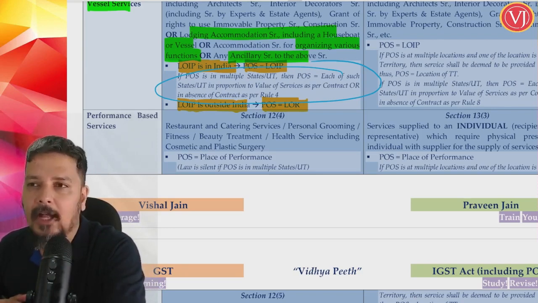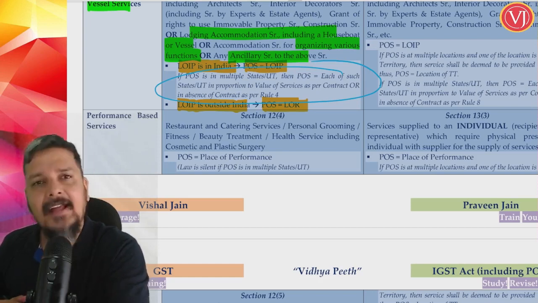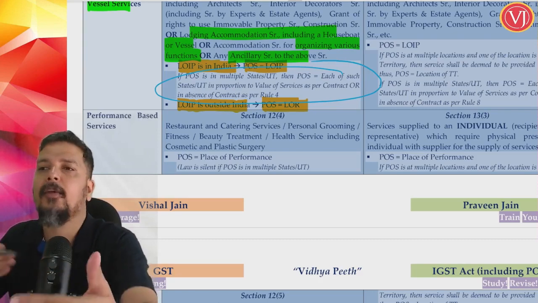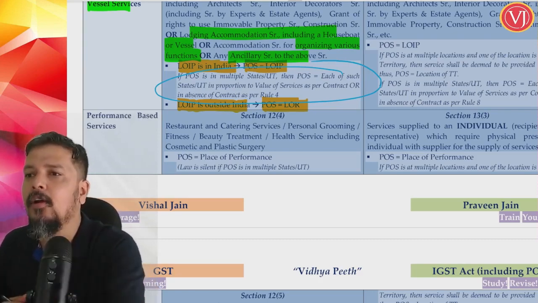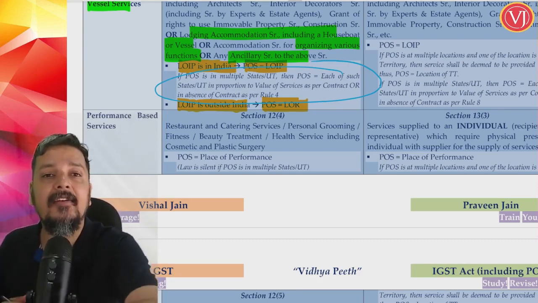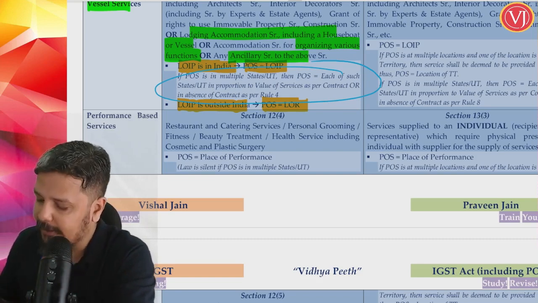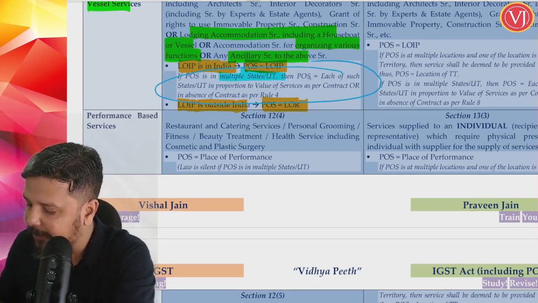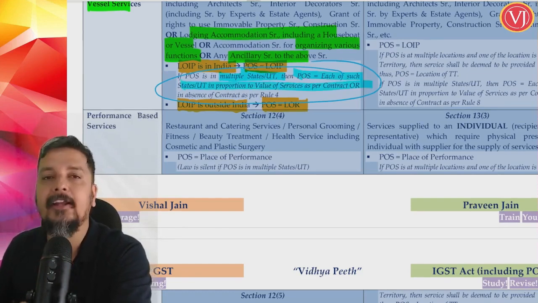Now it is an accommodation service. Accommodation service is directly related to immovable property, and both LOS and LO are in India. Immovable property is also in India, but in 3 different places. The moment you get that, if your place of supply is in multiple states or union territories, then you will be trying to get multiple answers.